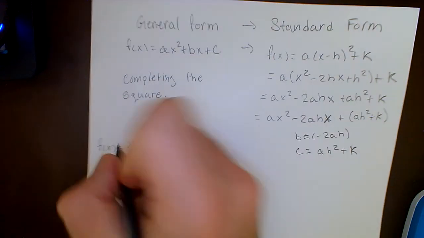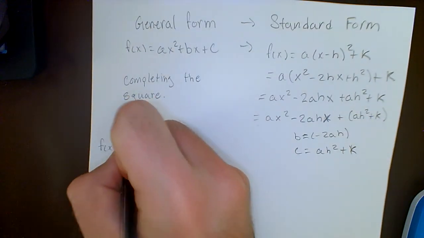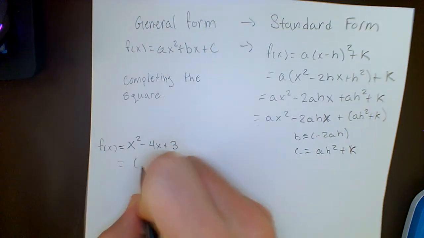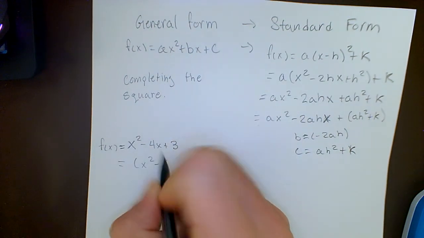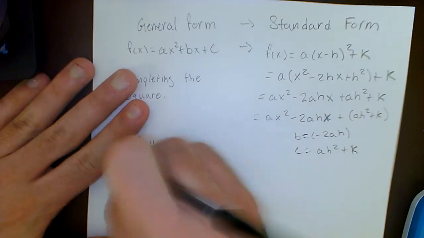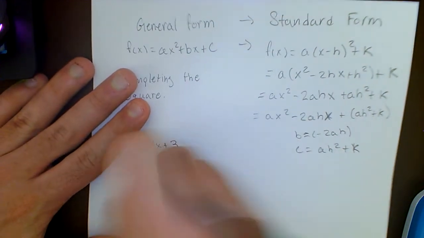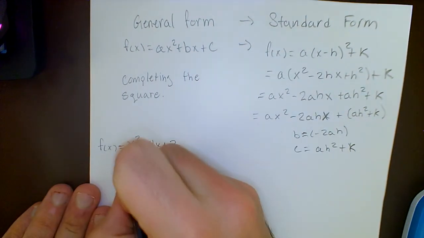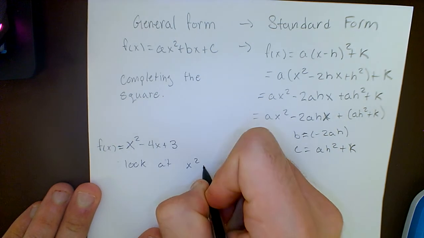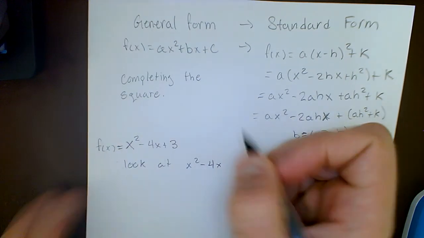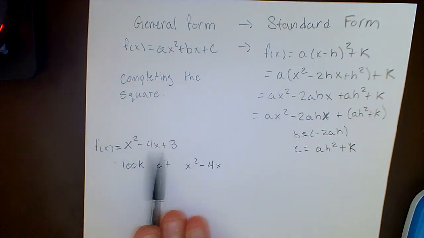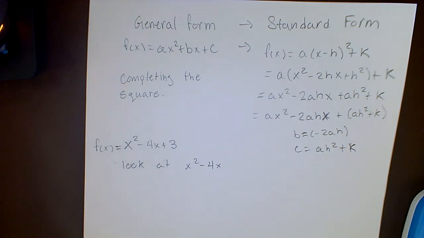Then what I would do is look at x squared minus 4x. You want to look at the two terms with the x's in it.